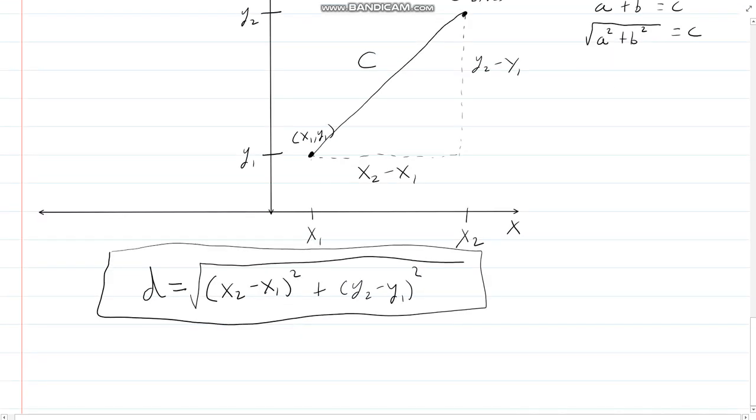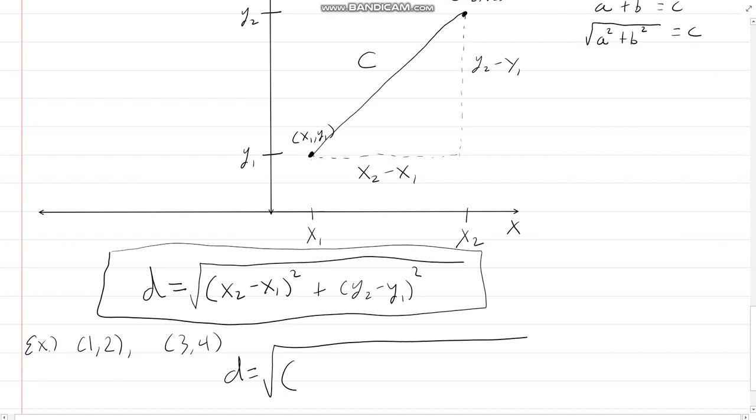Let's go ahead and do an example and make sure that we can do that. I'll give you the points 1, 2, and 3, 4. Let's find the distance between these 2 points. So d equals the square root of x2, which I'm going to consider 3, minus x1 squared, plus, and then we subtract the y's, 4 minus 2 squared.